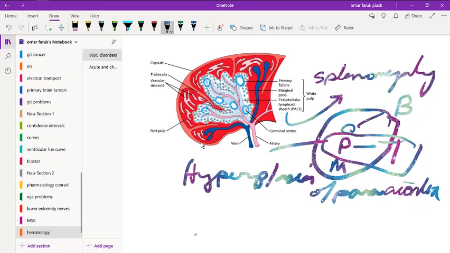And the last thing I want to share is what the monospot test is. In the monospot test, there is detection of IgM antibody that cross-reacts with horse or sheep RBC. It is called heterophil antibodies.